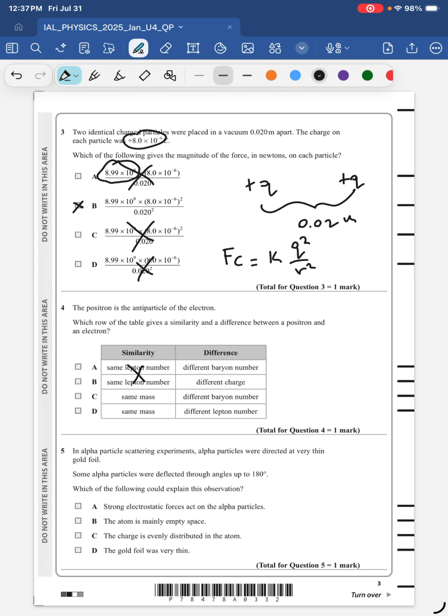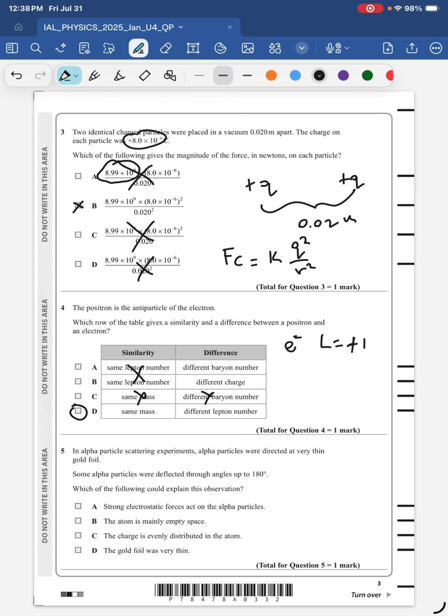And we are left with C and D. C says that the difference is a different baryon number. Okay, the baryon number for all leptons is 0. So C is also wrong. So D is correct because the electron has a lepton number of +1.